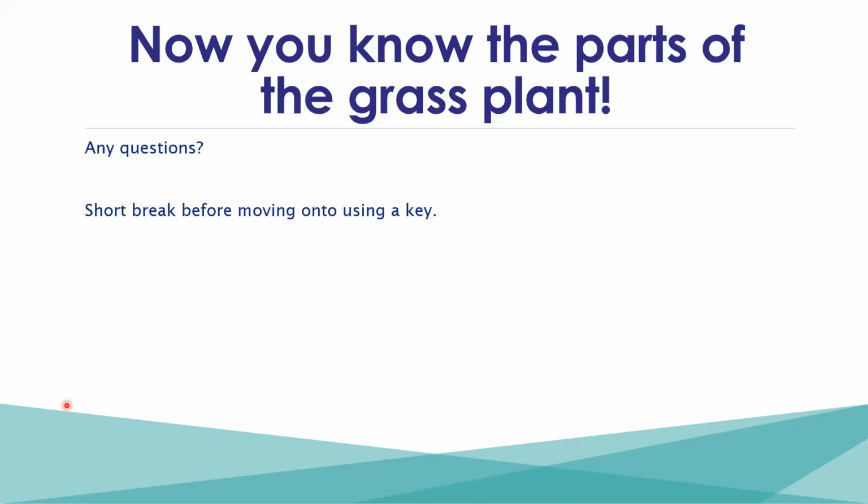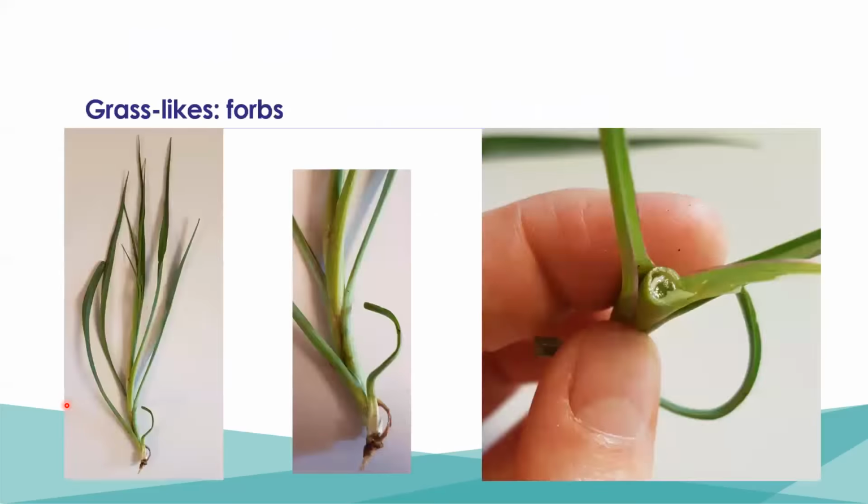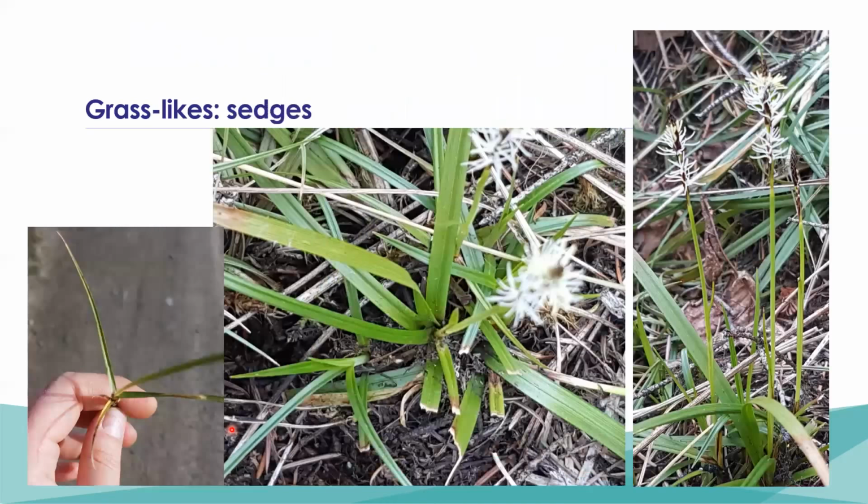All right, so moving on with knowing the parts of the grass and using a key. First things first, we're still going to make sure we have a grass, because this forb can look like a grass, but as you'll see, there are no collar features. It's got a solid stem and it's actually producing a white milky latex when you break it open.